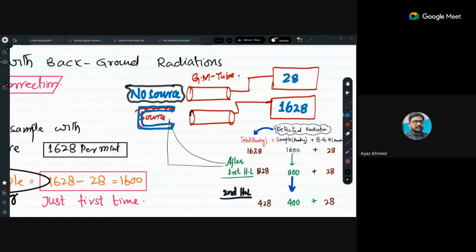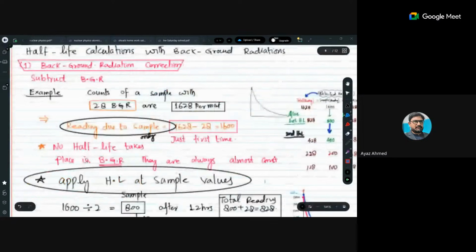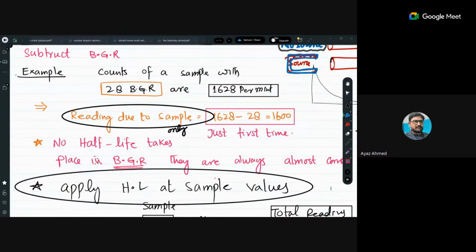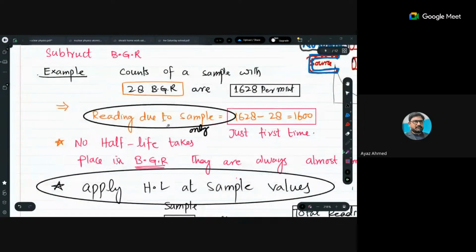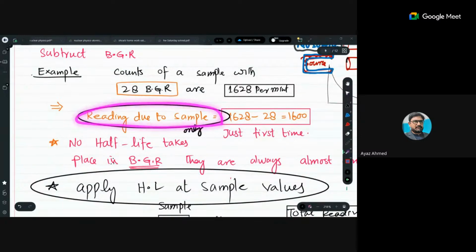Yes, this 1628 is not only source value. That reading is due to source and background radiations both. Now, when I corrected, what I did, the reading due to sample only. This is the reading due to sample only, that is 1628 minus 28.